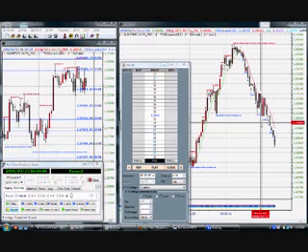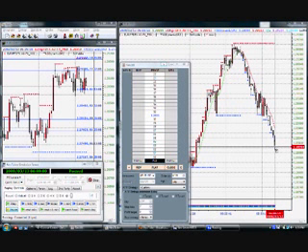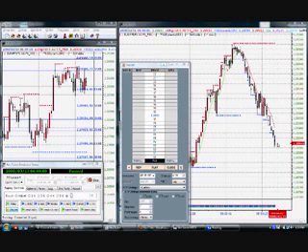This other potential signal right here was invalidated simply because we at this point would no longer be putting in a higher low. At this point right now in the market, what we're looking at is we've had a significant retracement from our initial trend up, and what we're looking for is a reactionary move.